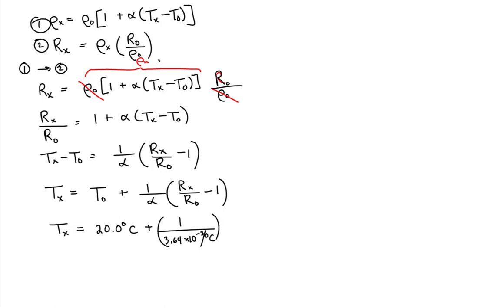And this is times the ratio of the resistance of our thermometer in our furnace, which is 448 ohms, over our reference resistance, which is 225 ohms, minus 1.